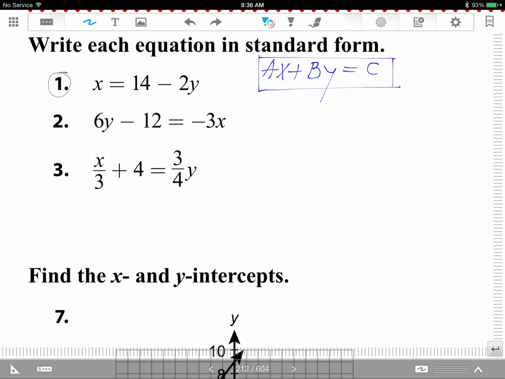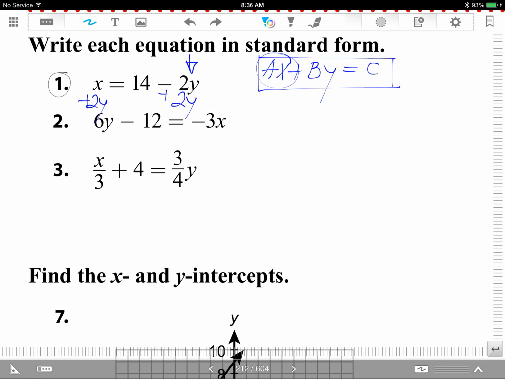I'm looking at my problem number 1. I have x on the left side, which is good, but my y is on the right side and it should be on the left to be in standard form, which means this minus 2y should go away from here. To do that, I will add 2y to both sides because this is an equation and it needs to stay the same.